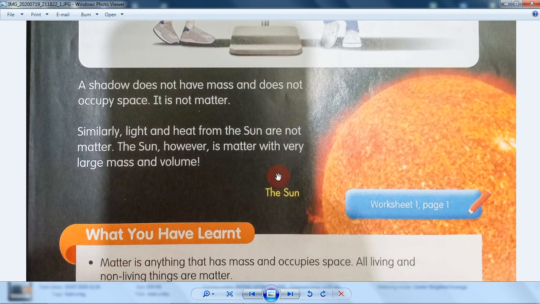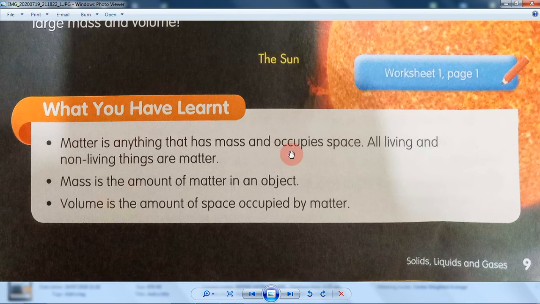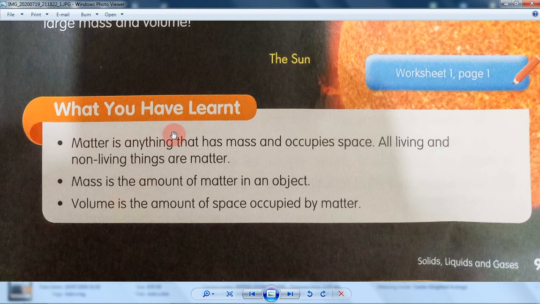So here's the conclusion that we have learned this week. Matter is anything that has mass and occupies space. All living things and non-living things are matter. Mass is the amount of matter in an object.